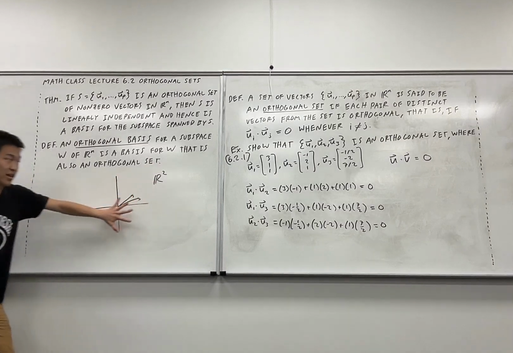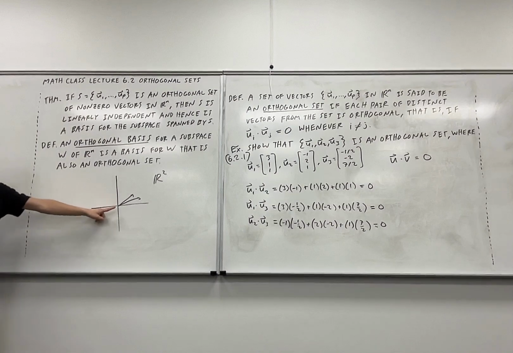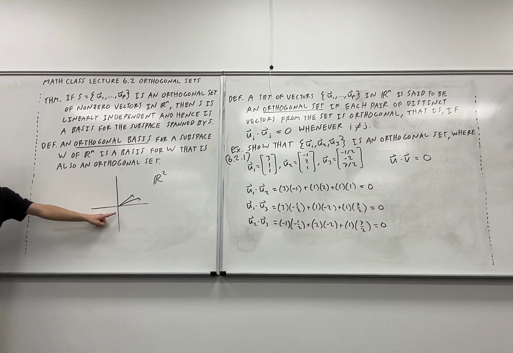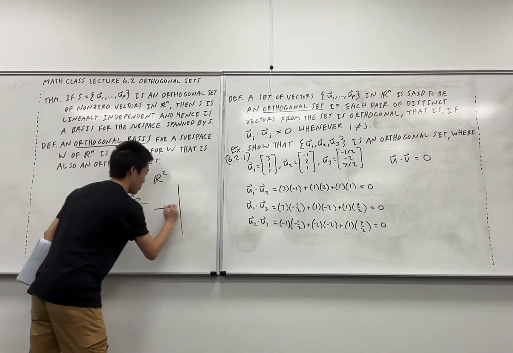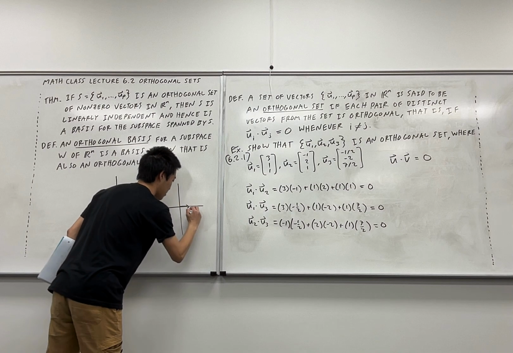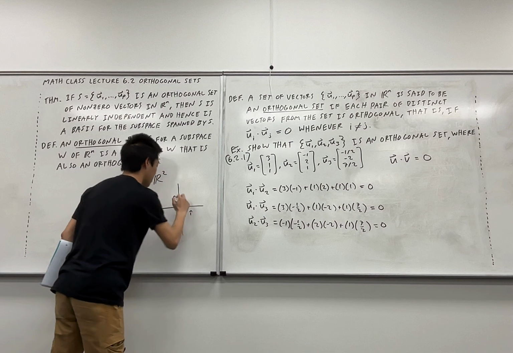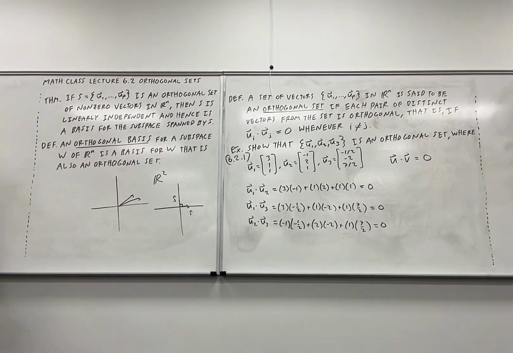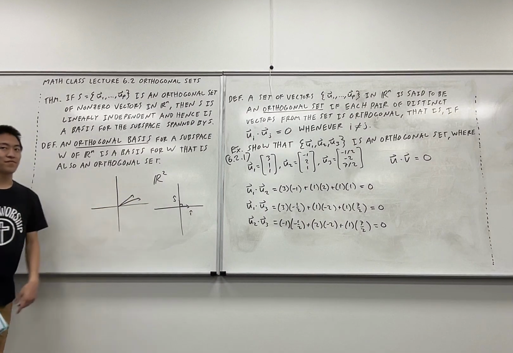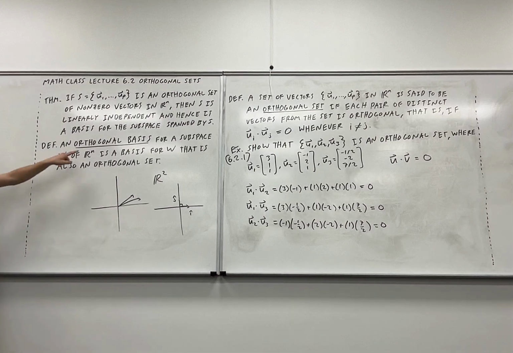And so I could span all of R2 using those vectors. They are not orthogonal. So not every basis is automatically orthogonal. But if I had chosen, say, instead the vectors i hat and j hat, well, those are orthogonal to each other. So then my basis vectors are both orthogonal to each other, and they're spanning all of R2. So that's that added property to be an orthogonal basis specifically.